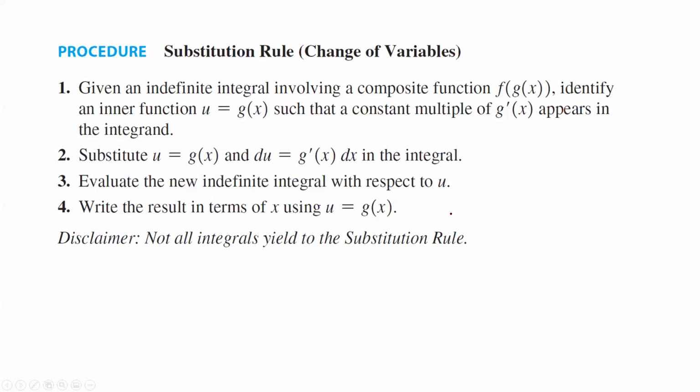So we want to identify an inner function u equals g of x such that a constant multiple of g prime of x appears in the integrand. Okay, so then we're going to replace g of x with u, and then we're going to replace g prime of x dx with du. And hopefully we get something that's easier to evaluate with respect to the variable u. And then after integrating it, we can put our u back in.